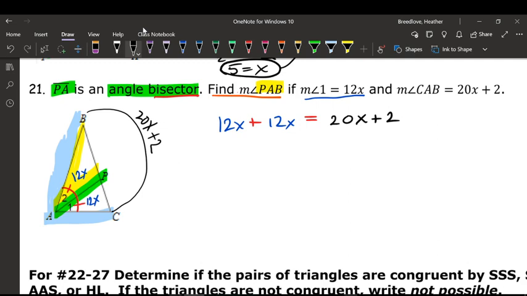All right, so then 12x plus 12x gives me 24x. And 24x equals 20x plus 2. And now I'm just going to solve. So I'm going to subtract 20x.